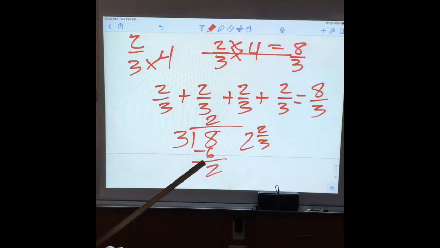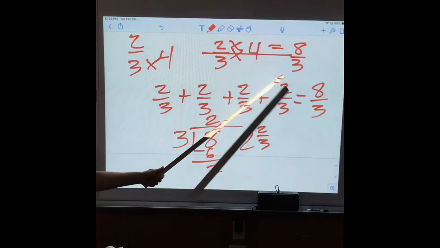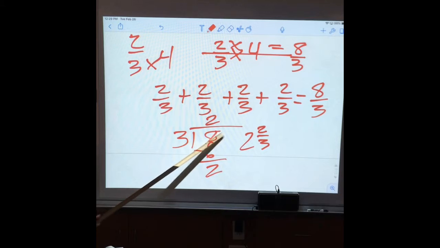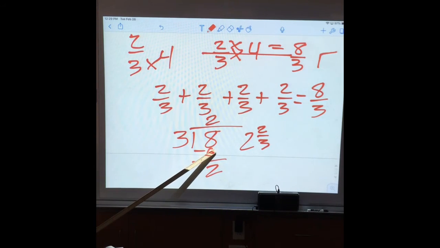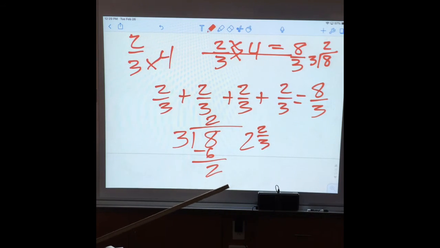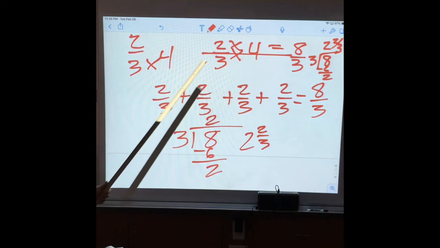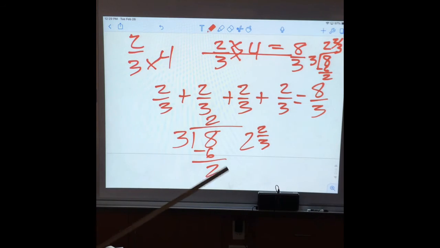Then we would do our division just the same way. The top number goes on the inside. This would be 2, 6. So that would be 2 and 2/3. Okay, so that would be the algorithm for this particular lesson.